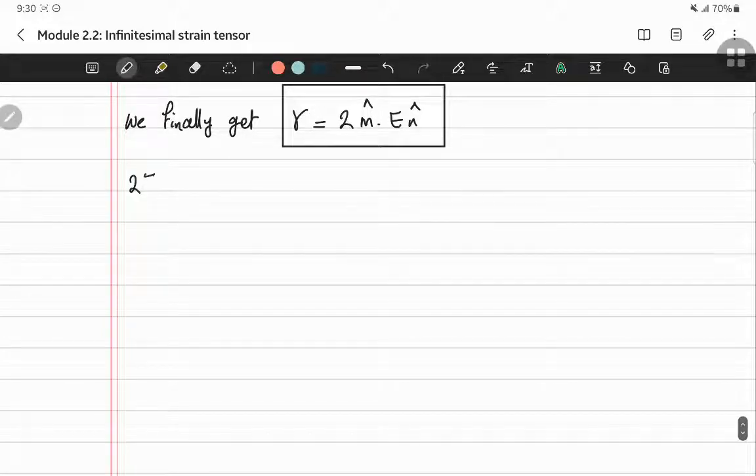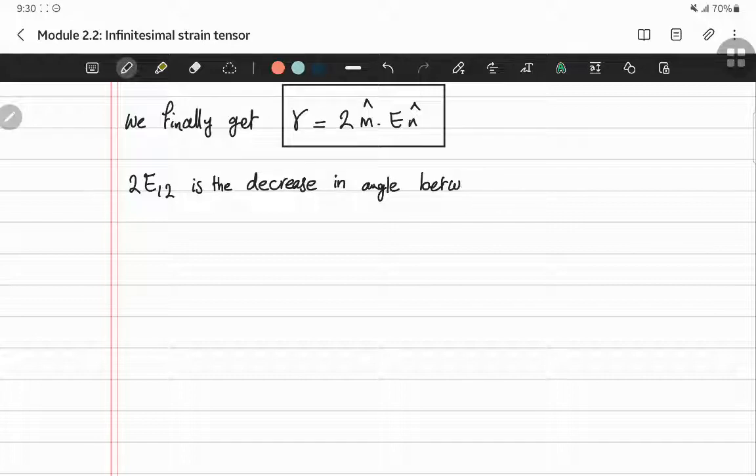So we have 2e12 is the decrease in angle between two elements originally perpendicular to each other. So originally in the x1 and x2 directions.